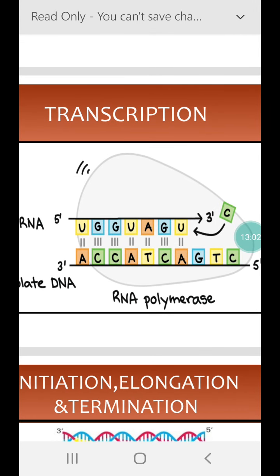Transcription is the formation of mRNA on a DNA template, and this process takes place in the presence of DNA dependent RNA polymerase. In this process, genetic information from DNA is copied to RNA, therefore the process is called transcription, and the genetic information is now with mRNA.